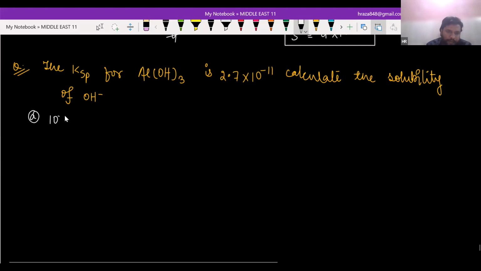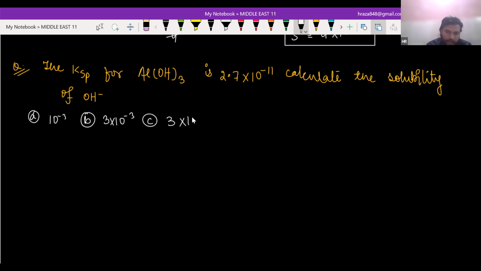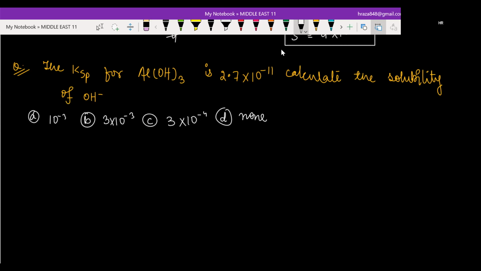Option A is 10 raised to the power minus 3. Option B is 3 into 10 raised to the power minus 3. Option C is 3 into 10 raised to the power minus 4. Option D is none of these. Please do this question carefully.